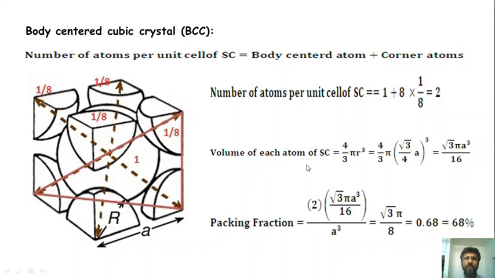And the volume of each atom we can obtain by the formula 4/3 pi r cube, where r is the atomic radius of the BCC structure. By substituting these values, we get the packing fraction equal to 0.68 or 68%.